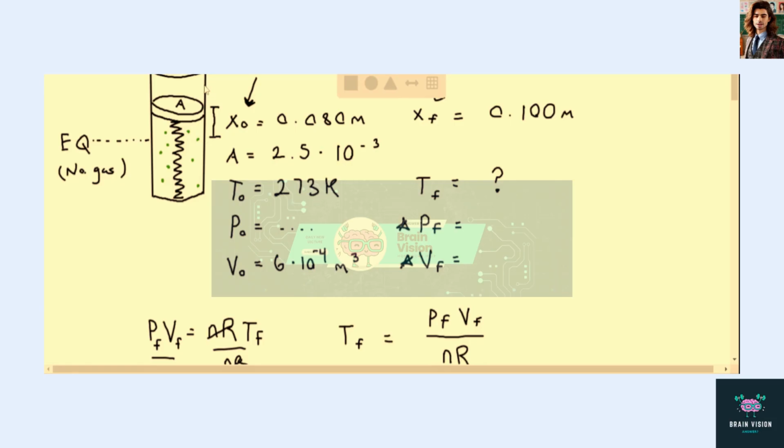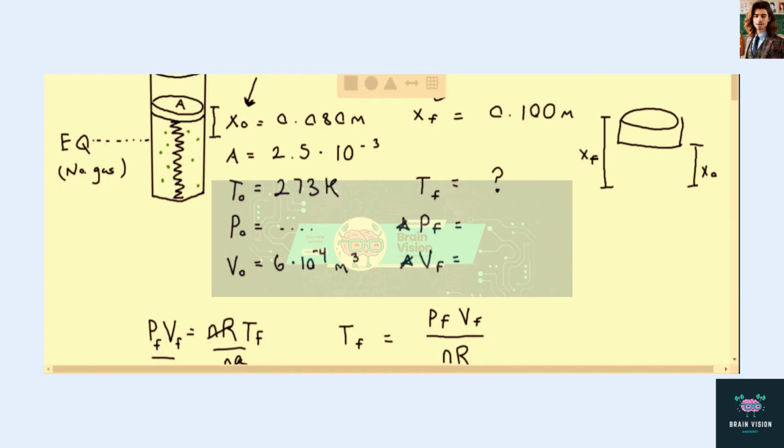And after it stretches up to x final, we just add a little bit more volume, shaped like a little cylinder, something like this. Before, we had a distance from equilibrium up to here, which was x naught, and then this distance up to here will be x final.